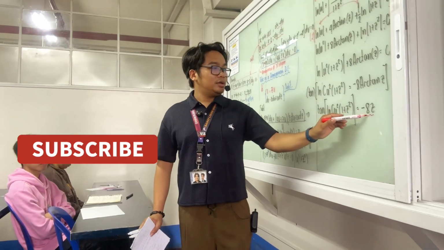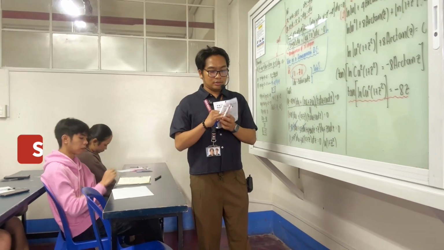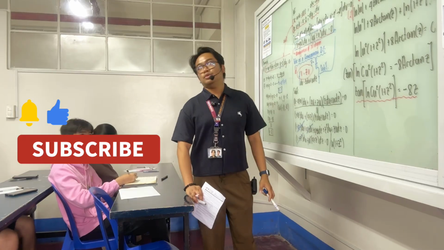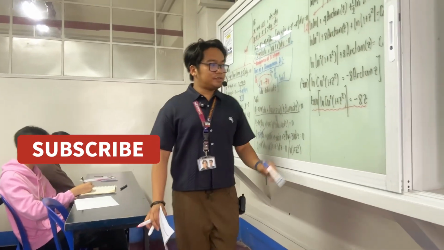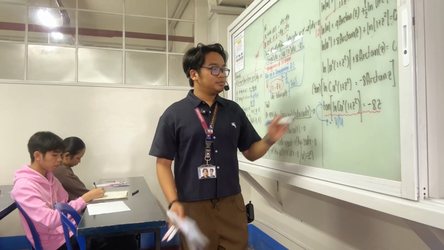Not yet. May z ka pa, may u ka pa, tsaka may v ka pa. So remember that z is also what? z is equal to v over u. Okay? So if z is v over u, we substitute z equal to v over u.